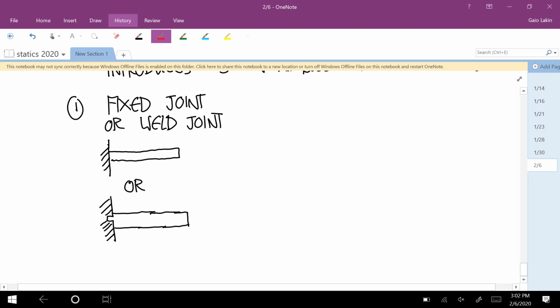So let's say that beam is body 1 and past the wall is body 2. A free body diagram of body 1.